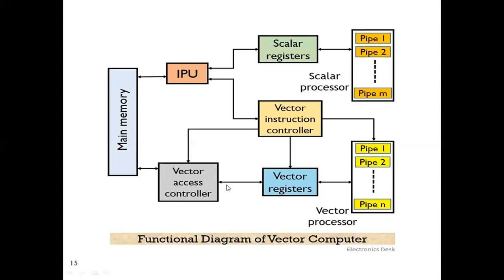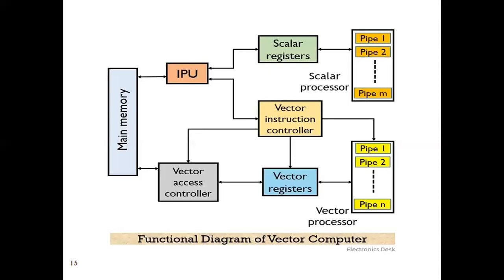Once the operand is fetched, it is provided to the vector register so that it can be processed at the vector processor. At times when multiple vector instructions are present, the vector instruction controller provides the multiple vector instructions to the task system. In case the task system shows that the vector task is very long, the processor divides the task into subvectors.